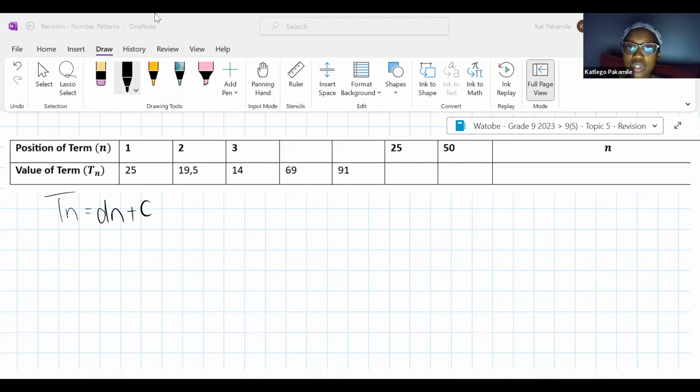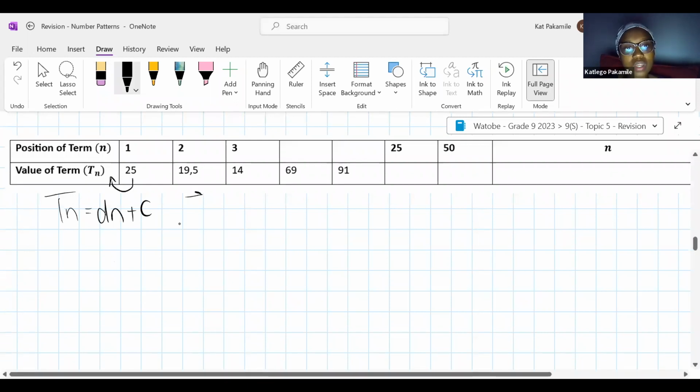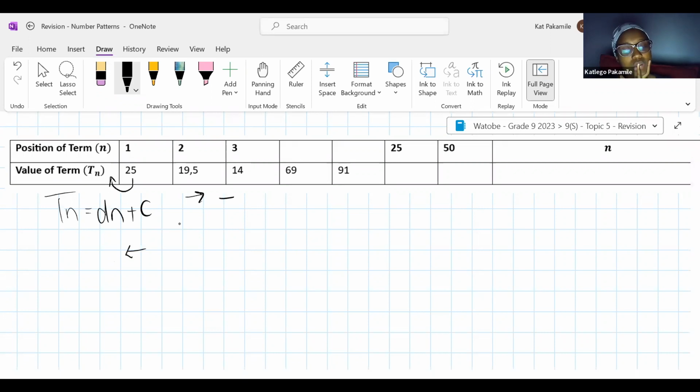Remember, C is the term before 25. So if there was a term before this, you said going that way we are subtracting, right? Yes, ma'am. So if we went the opposite way, what would we do? Add. And you see, yes, ma'am. Okay, we're nearly done, guys.